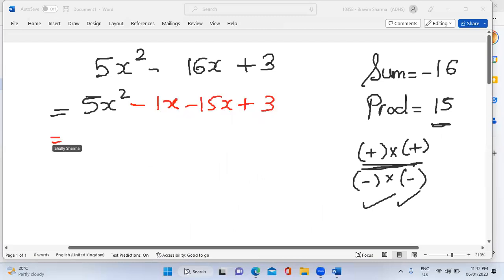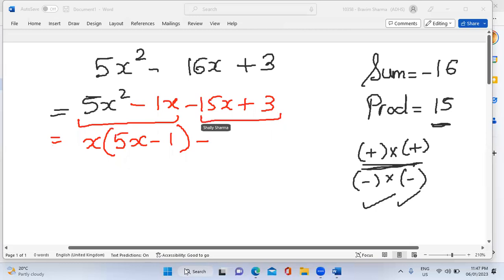And from the first two terms, only x is common. So 5x minus 1. And from the last two terms, 3 is common. And again, because here is a negative sign, this plus will be changed to minus. So it will be 5x minus 1.